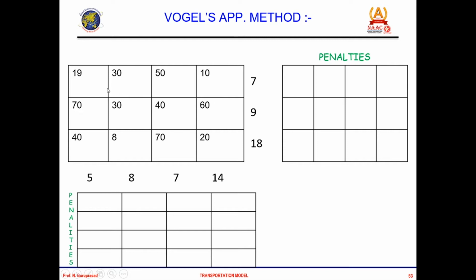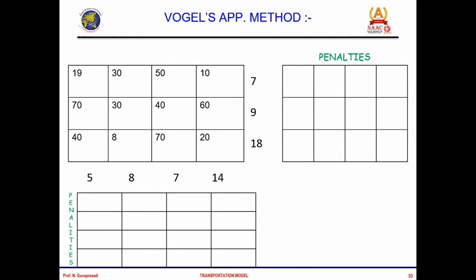Look at the first row. The difference between the least cost and the second least cost will be considered as the penalty for that particular row. So the first row least is 10, the second least is 19, and hence the difference is 9.